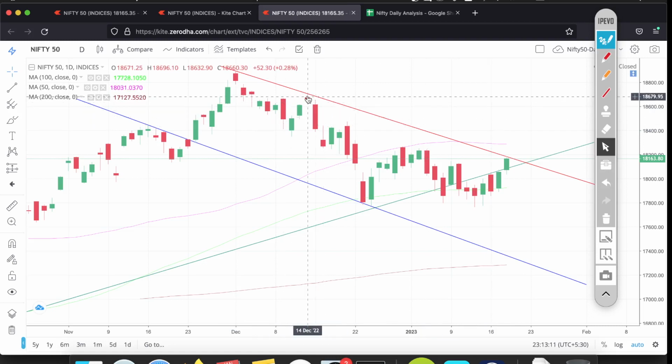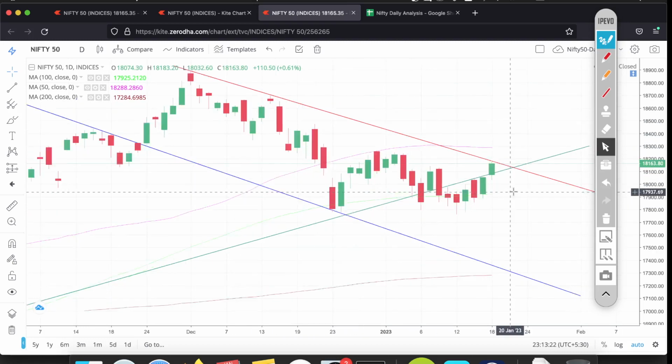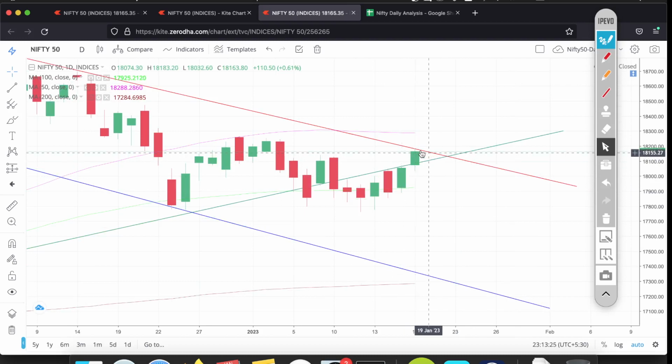So every time it got tested, what we can see is here when it got tested, price fell quickly to the falling support line here. So in case tomorrow the price breaks that 18,140 range, and if price falls and we have a reversal here, let me mark it. If tomorrow there happens to be a reversal of any sort, usually that will break below this line.